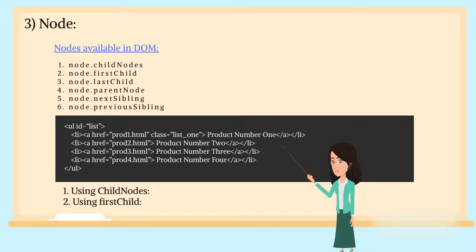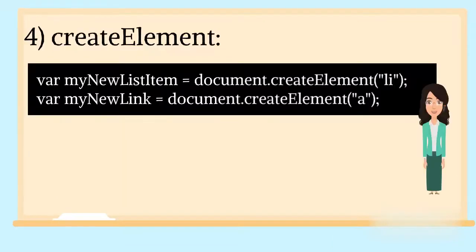Fourth is create element. As the name goes, it is used to create an element and place it anywhere in the DOM structure. Let us add an element to the previous example. You can also say that this method does exactly what it says. It creates an element and allows you to place that new element anywhere in the DOM structure.